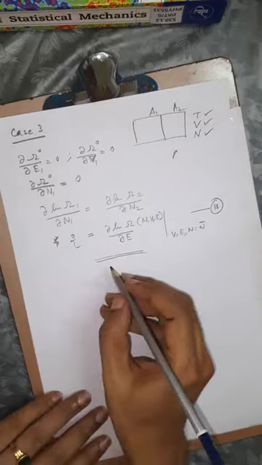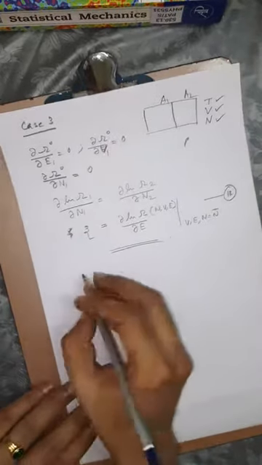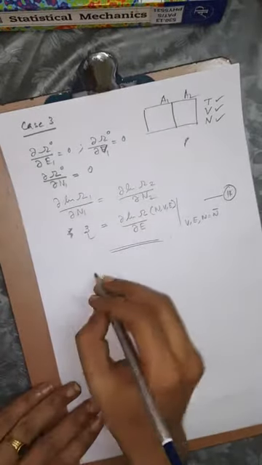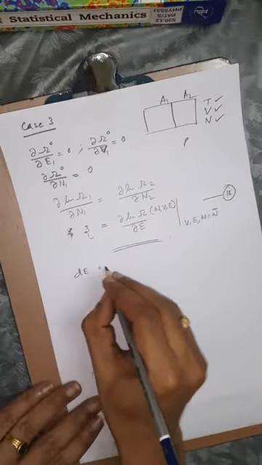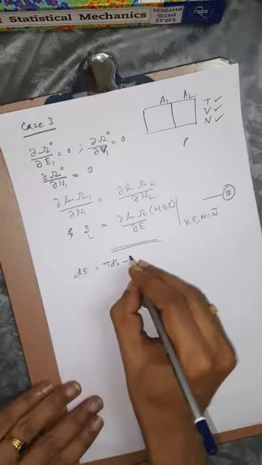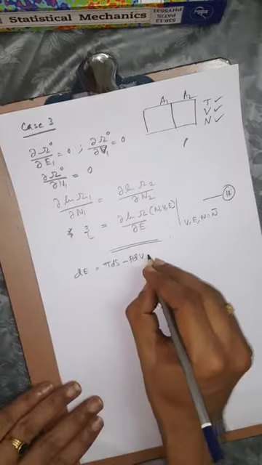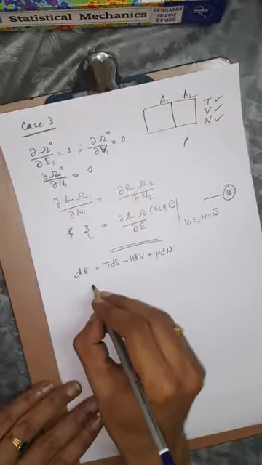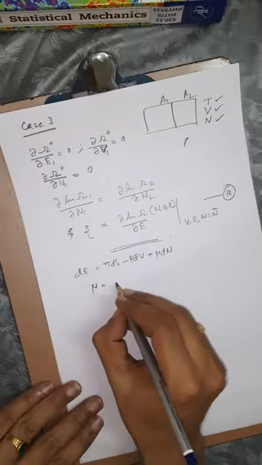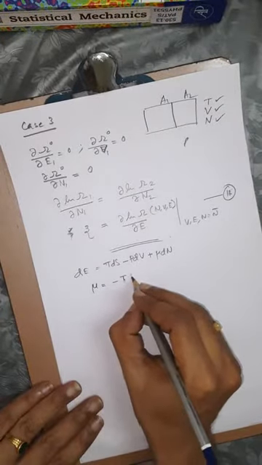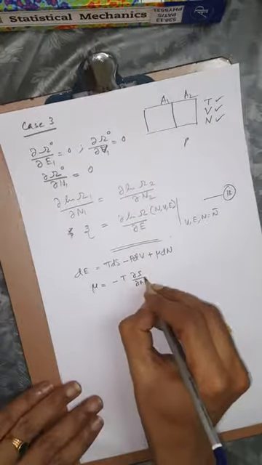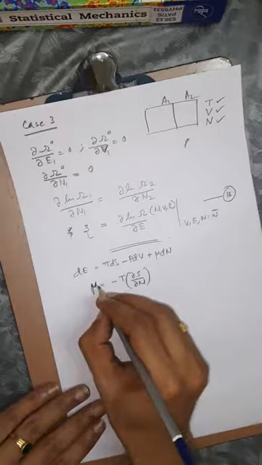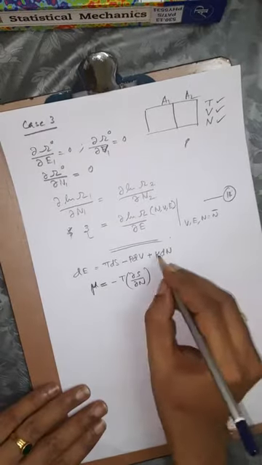So if we carry out the thermodynamic potentials and the thermodynamical relations, dE is equal to T dS minus P dV plus mu dn, I will reach a place where mu is equal to minus T dou S by dou n, where mu is the chemical potential.